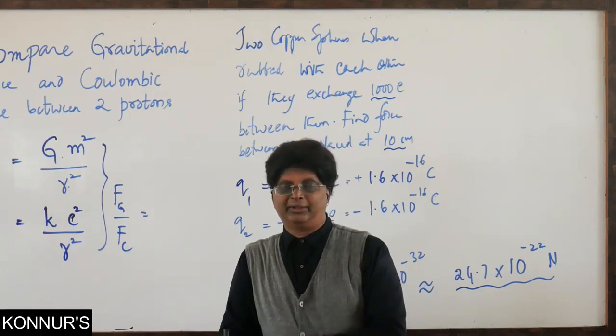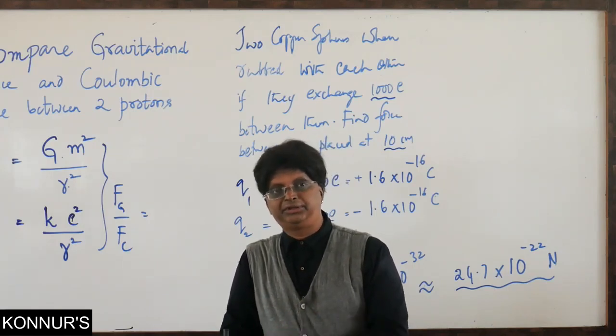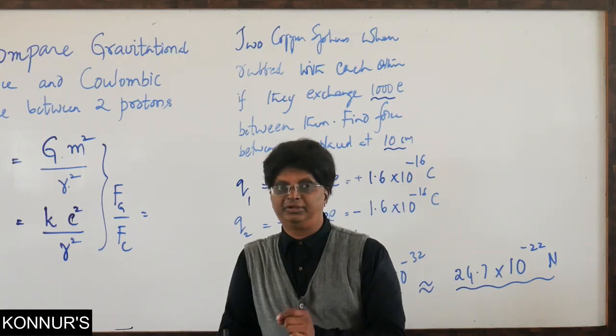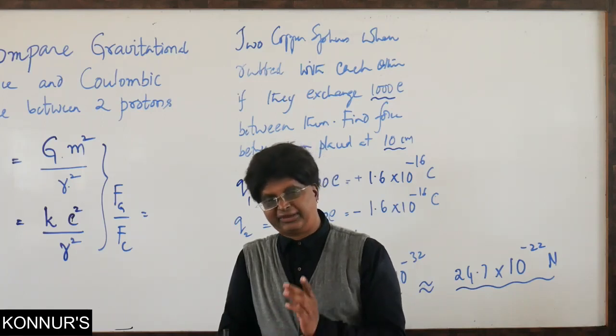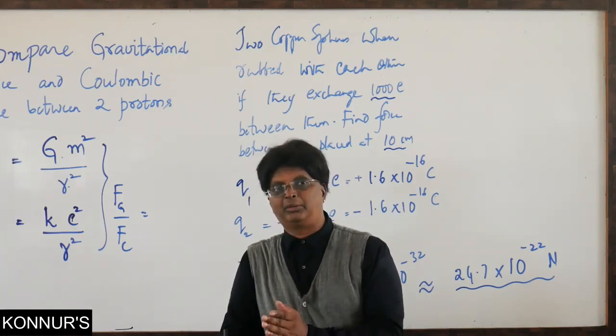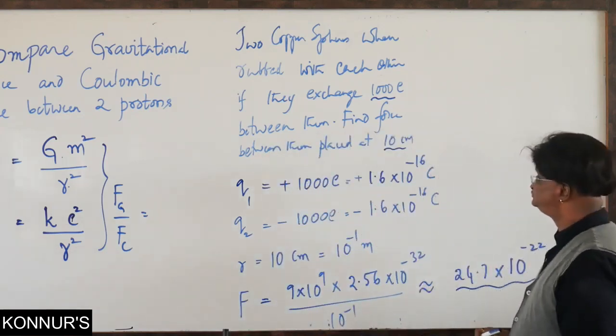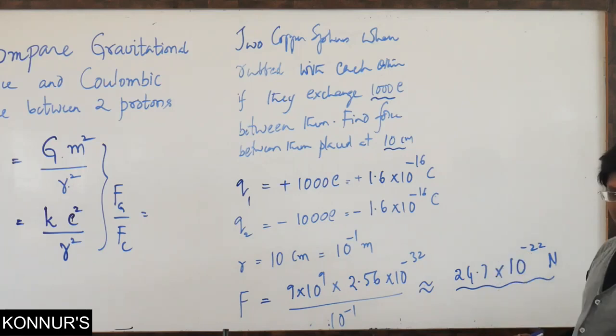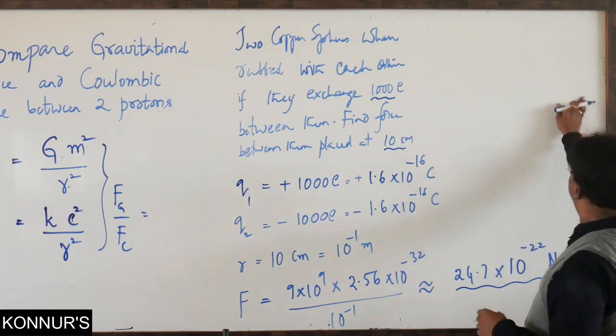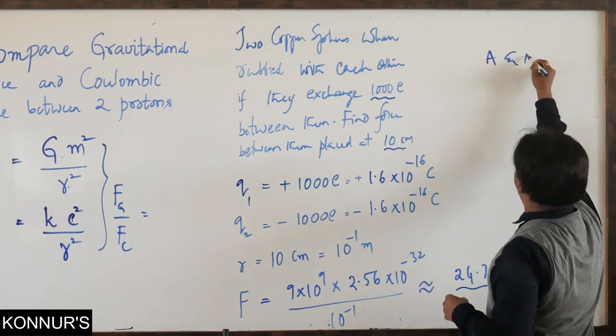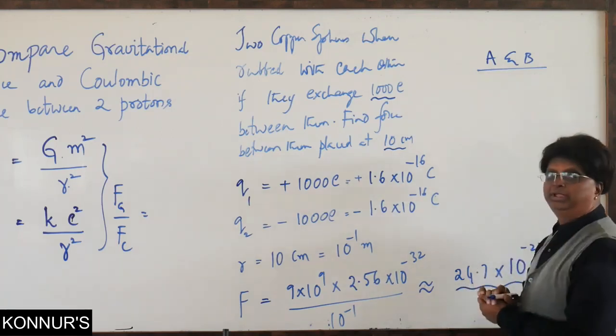Now the same example, ask in your CET or NEET with a small difference. What is the difference? Same question, asked in an improvised way for that 30 seconds or 1 minute answer. If you got this answer, now you see. I tell A and B, two spheres.